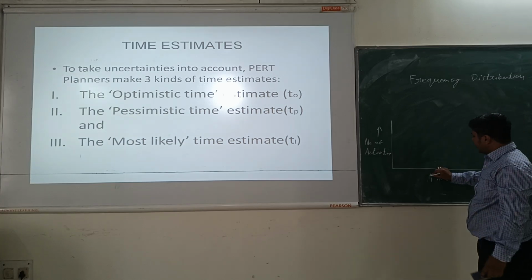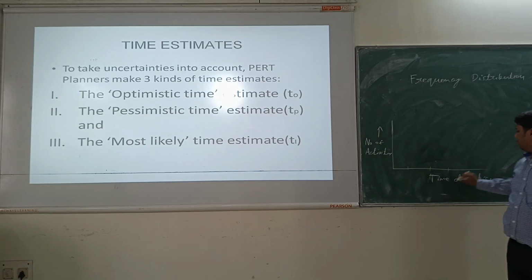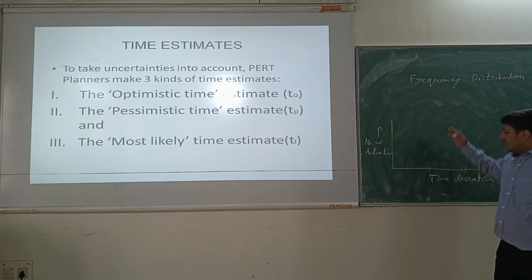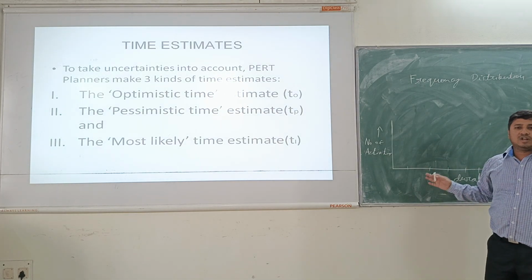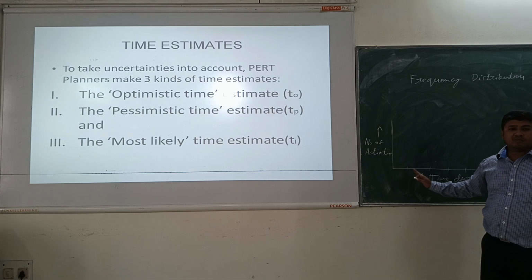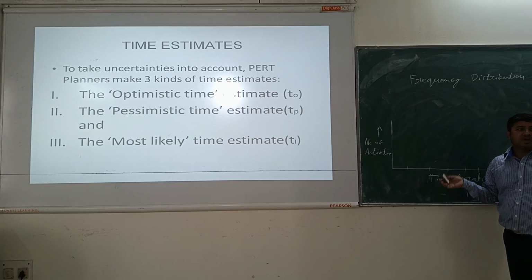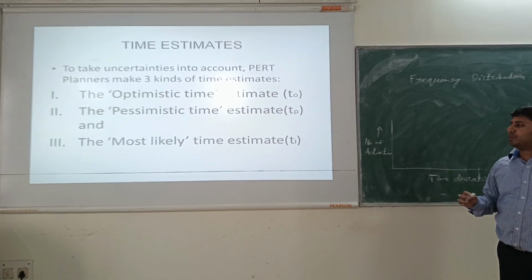Now if you see the frequency distribution of the completion time, the number of activities most likely will get finished early. This is the mark here. We can call this type of activity which finishes early optimistic.